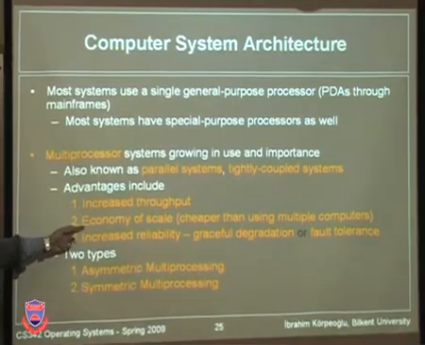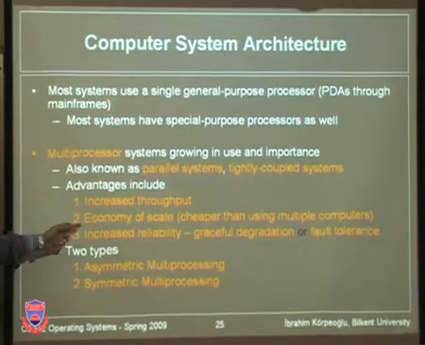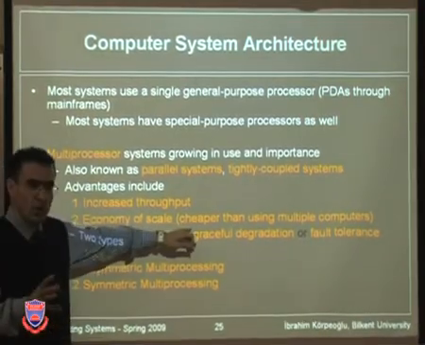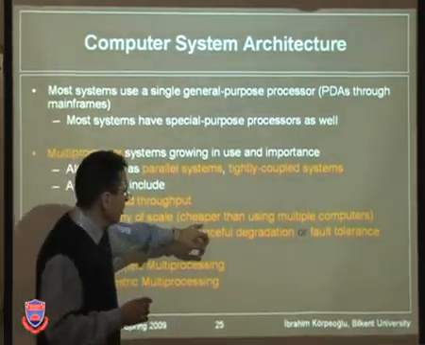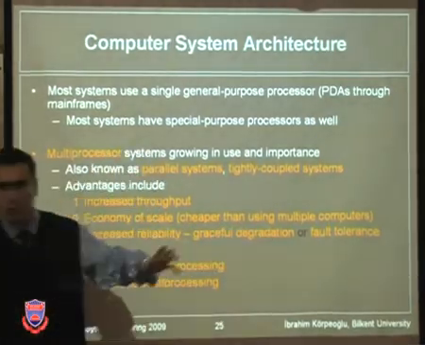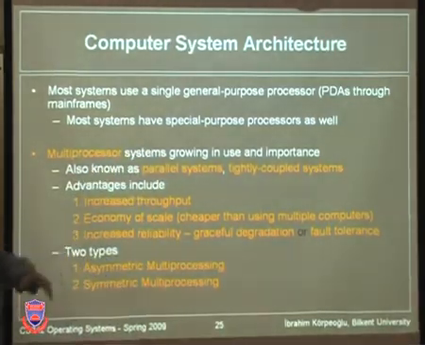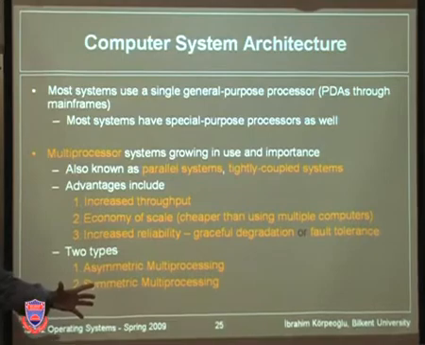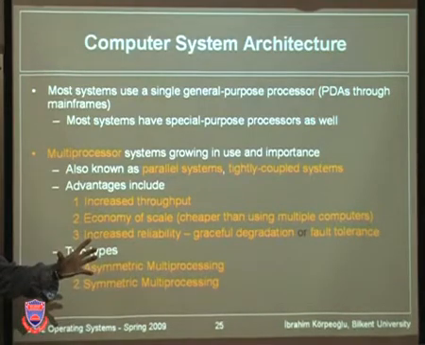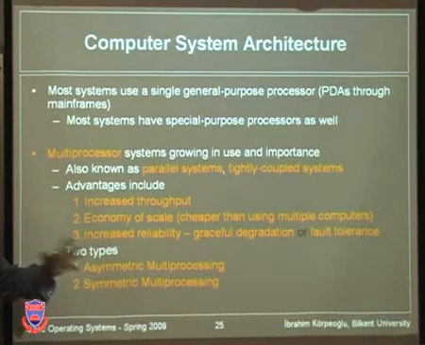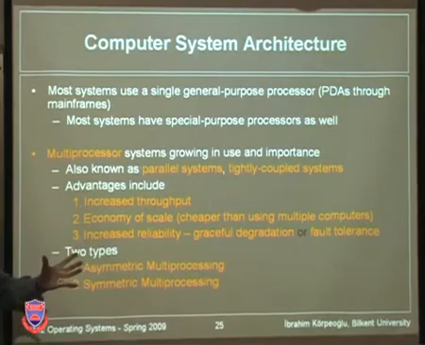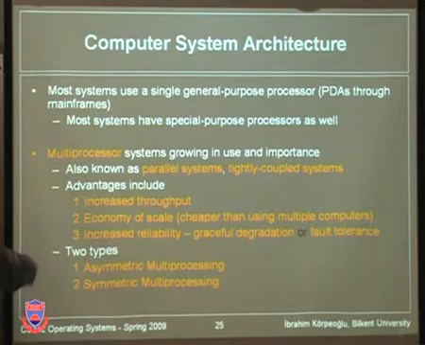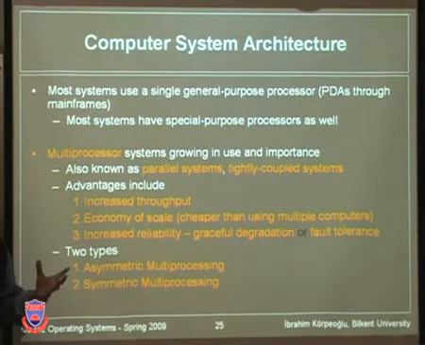The second advantage is economy of scale. What it means is that this configuration is much cheaper than using, for example, multiple computers. Buy 4 PCs and interconnect them. This is an environment where you have multiple computers. Each computer has a CPU, so that environment will have 4 CPUs. But that will be more expensive. Here you have a single computer with 4 CPUs.